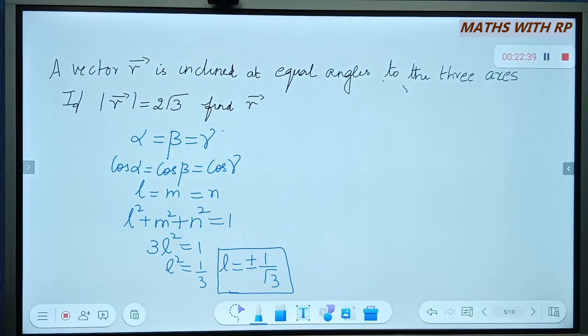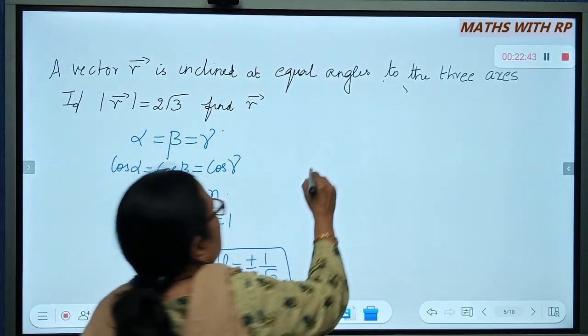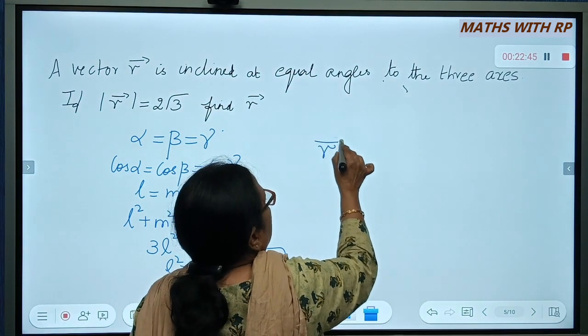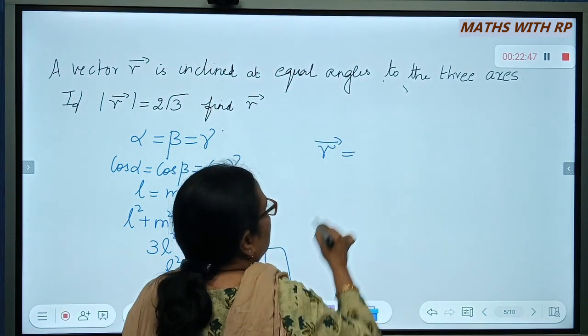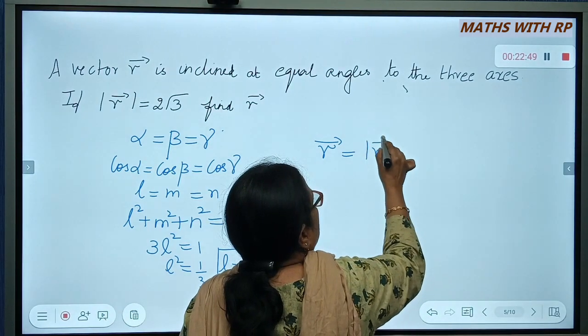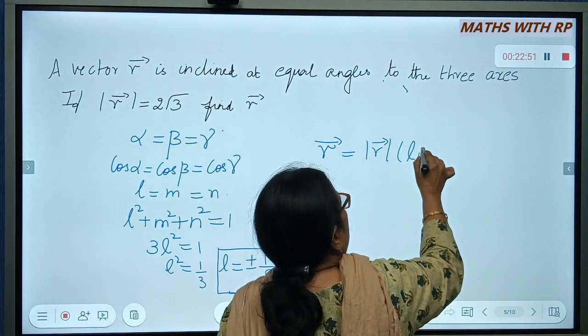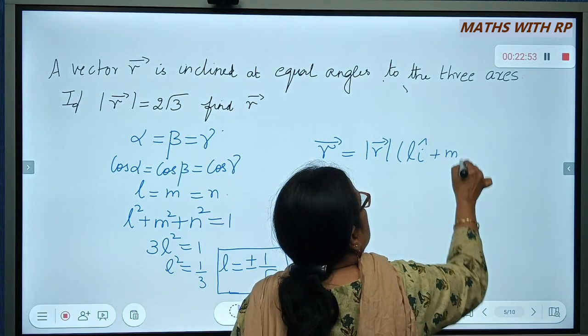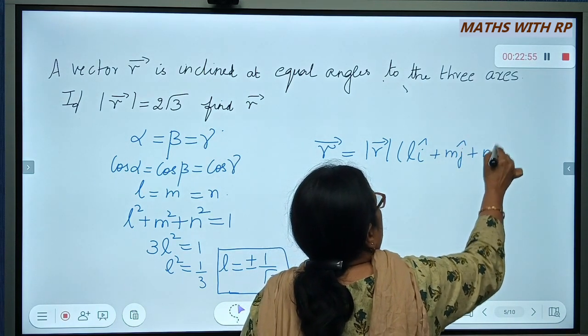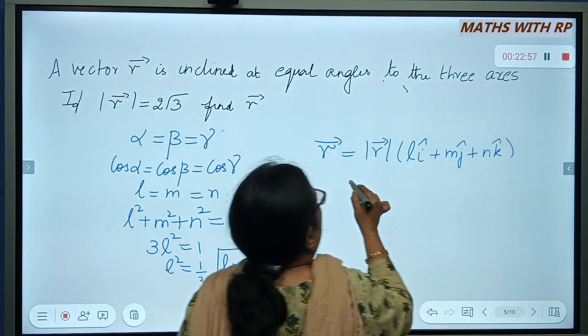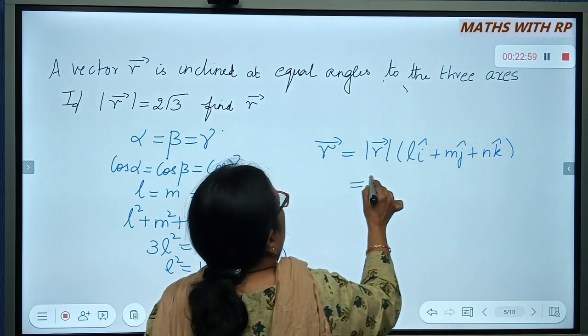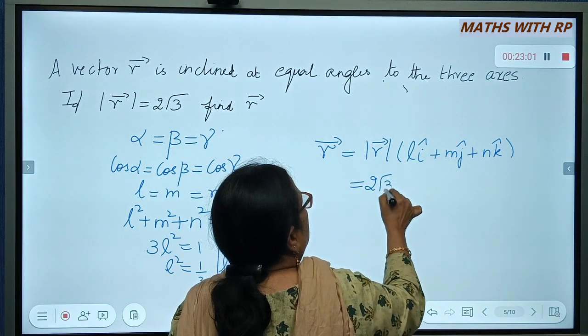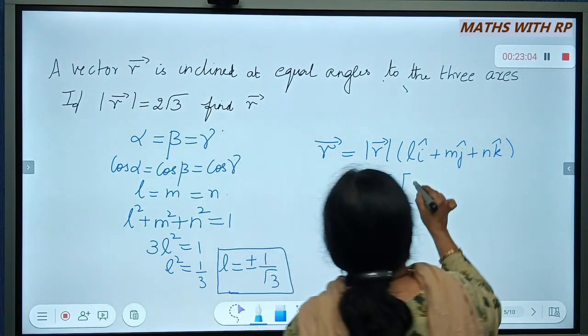So we now know what is L, M, N, and we also know modulus of R vector. So now we also saw any vector R vector is modulus of R vector into Li plus Mj plus Nk. Now what is modulus of R vector? 2 root 3. What is Li?